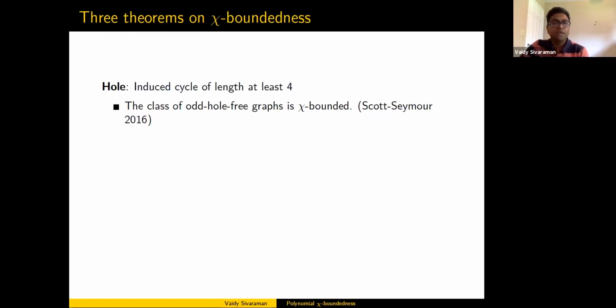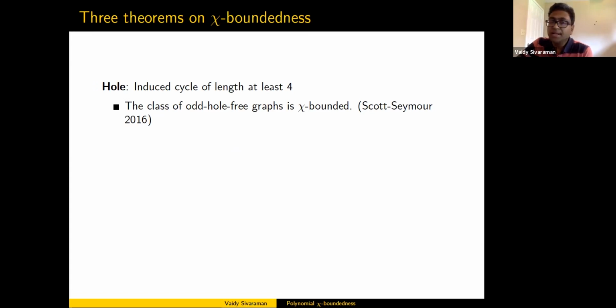And let me begin with 3 theorems on chi-boundedness, which were conjectures of Gyarfas in his original paper, which were proved recently by the Princeton School of Graph Theorists around Seymour. So a hole in a graph is an induced cycle of length at least 4. So triangles don't count.